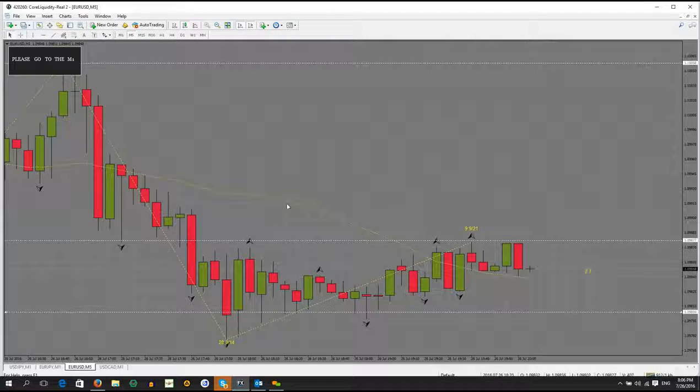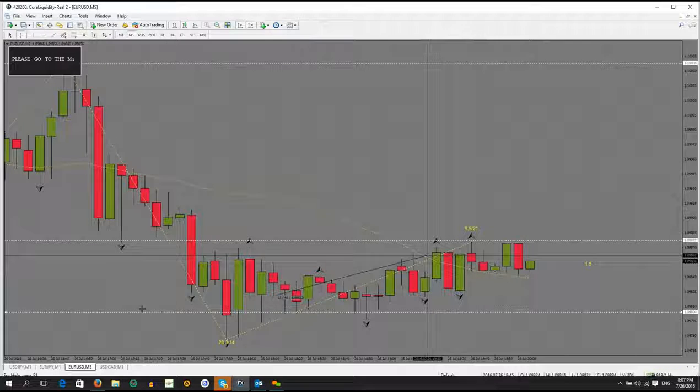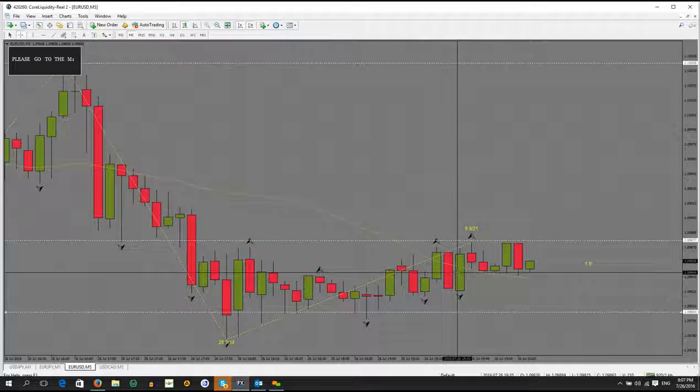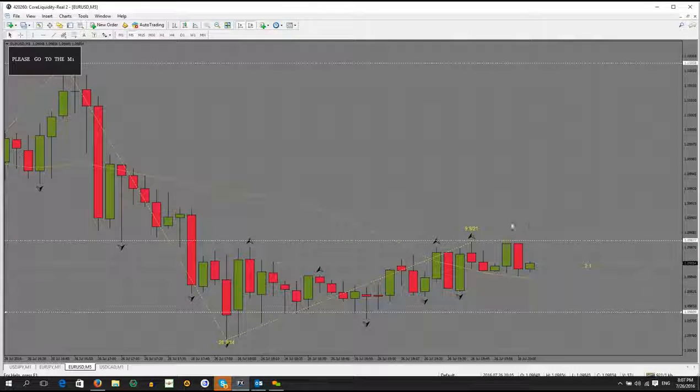So that level was broken here with a big candle, like we almost always see on the level of support and on the level of resistance. If you are watching our 30 moving average, that I told you is very important, it works like a filter and tells us about the market, what the market is doing.